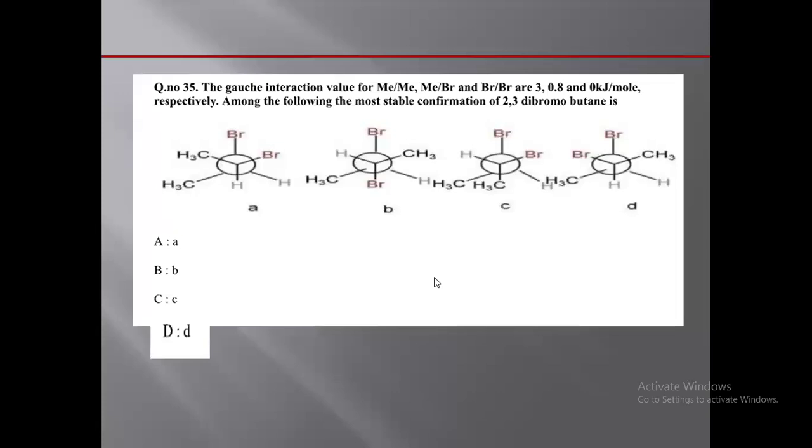See here, these all are the structures of butane gauche interactions. You can see here first A, B, C, D. If you look at this structure, you might think B option is correct, but here B is not correct. Here option number D is correct. I will explain to you.